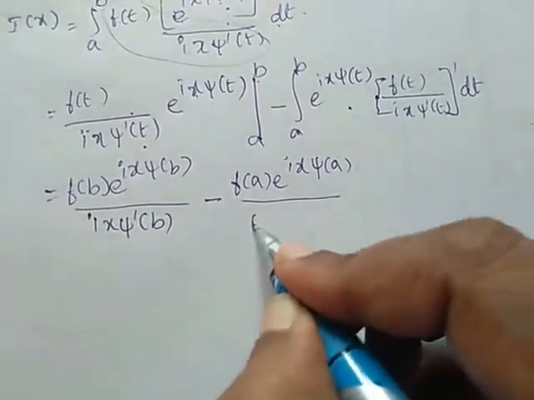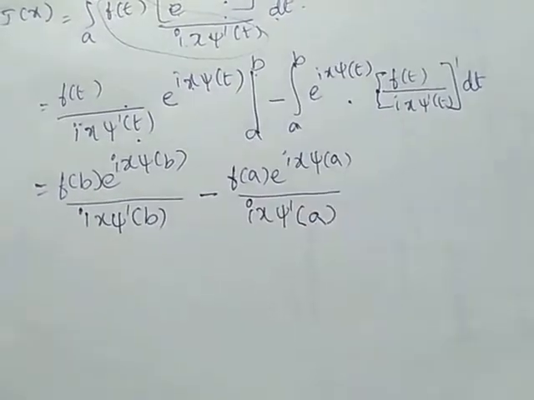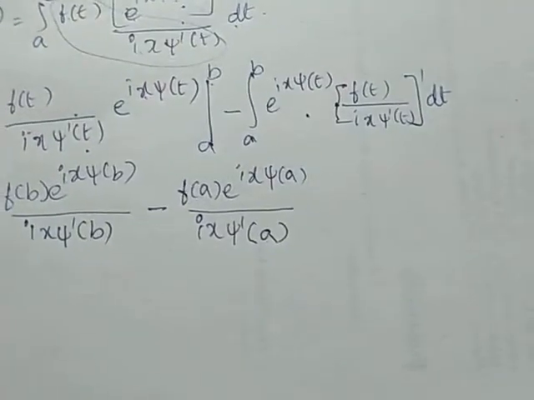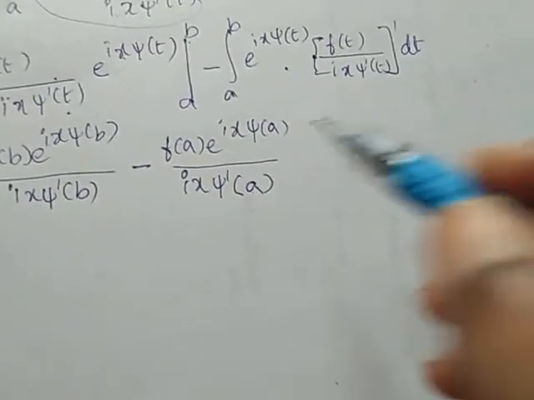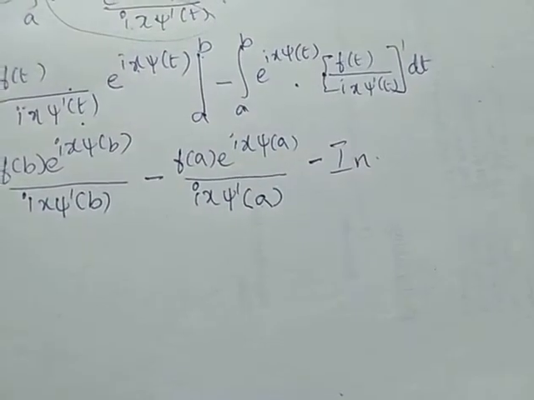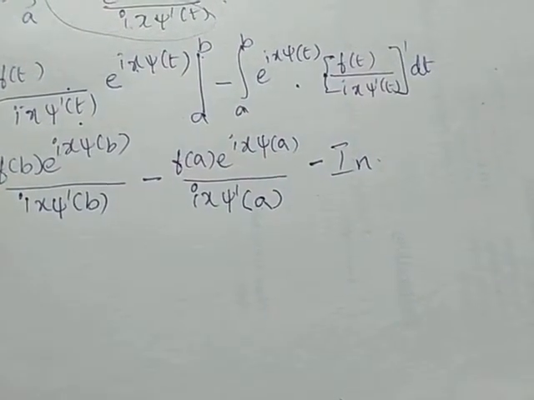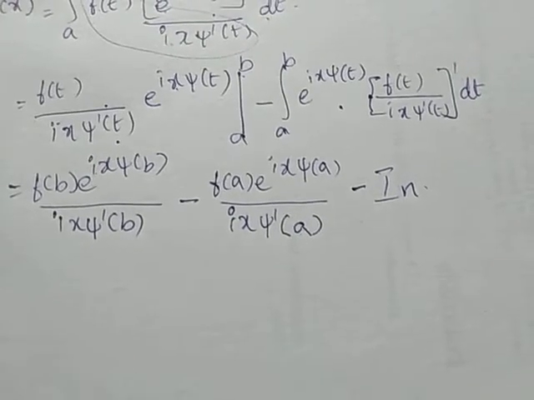What is the denominator term? i x xi dash of a. The integral remains as it is, and if we neglect the higher order terms, this we can write as such. So we are neglecting the higher order terms. This is our first case.